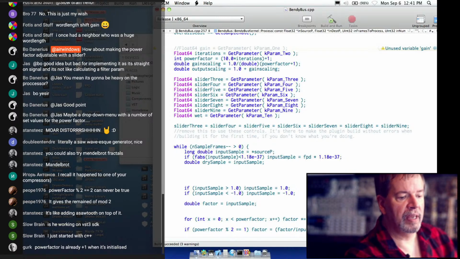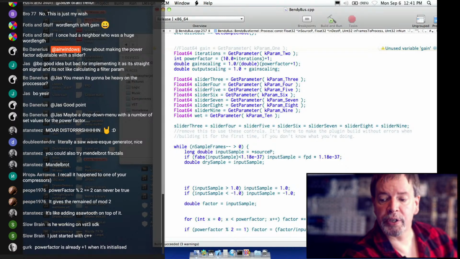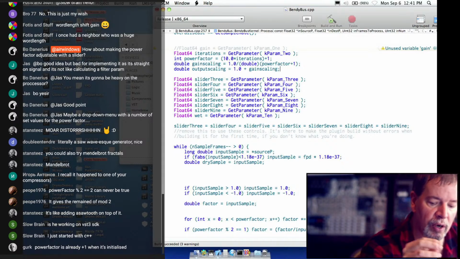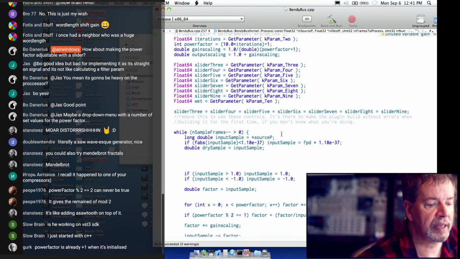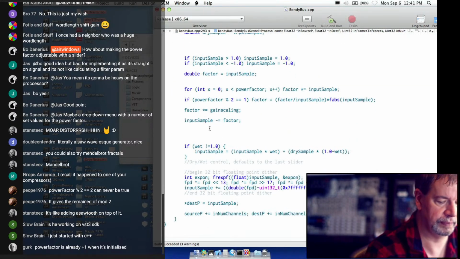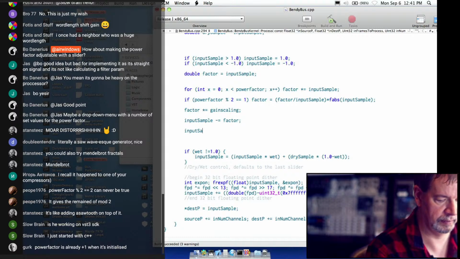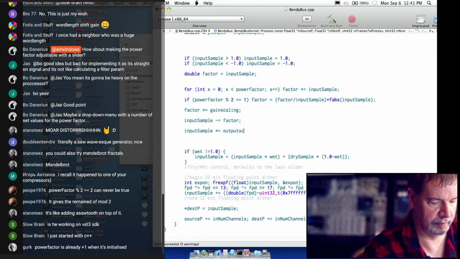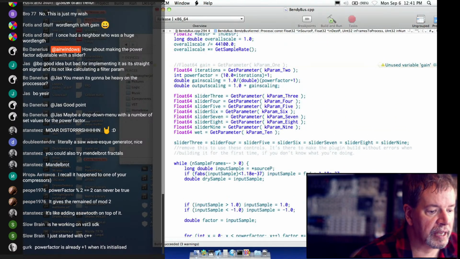But if we have, remember multiplying by 2 is like 6 dB. We don't necessarily want as much of that, but we might want as much or close to that. Let's just see what we get. That's what I had, right? Yep.